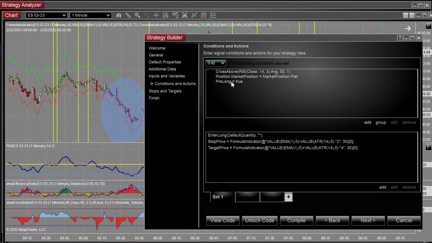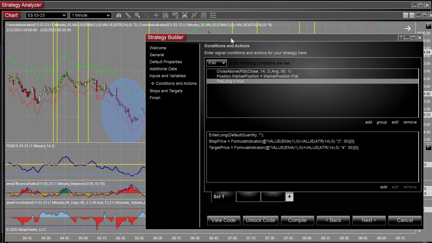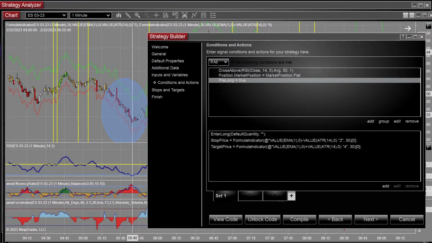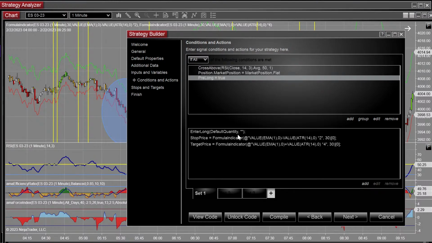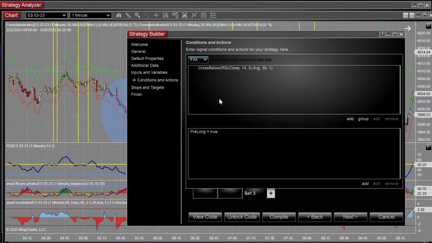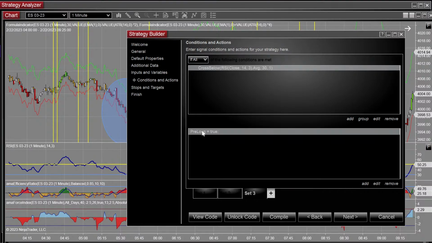That pre-long has to be true for us to take that cross. And what makes the pre-long true is the RSI crossing below 30. Once we're long, that's not on this page. That's on set 2 or set 3: the RSI crosses below 30, sets our pre-long to true.